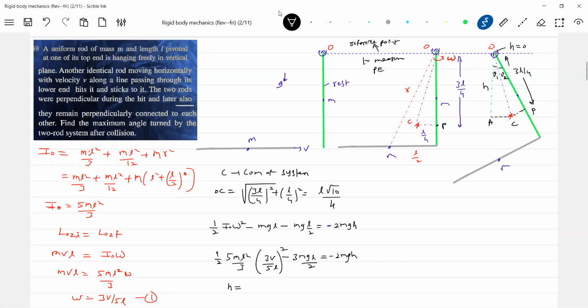Omega square will be, we have to get the value of H, no? G will not get eliminated. G will be there.